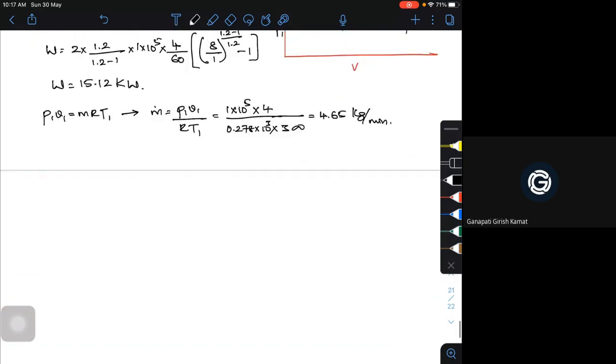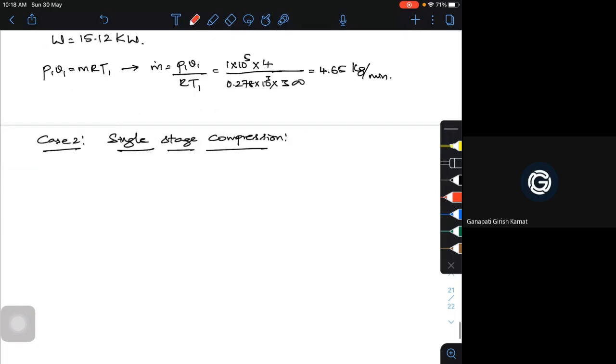Now for case 2, it is single stage compression. The same thing I'm going to achieve using a single stage, that is the 8 bar.